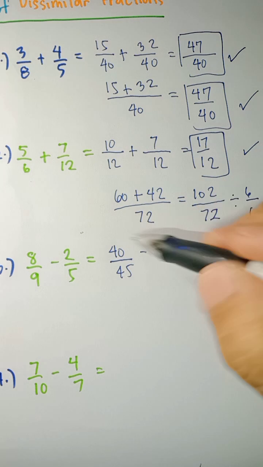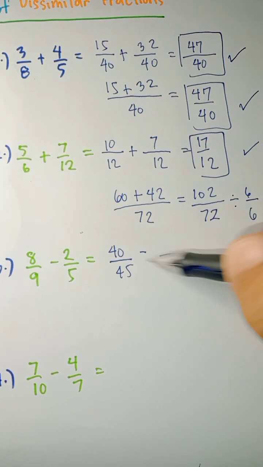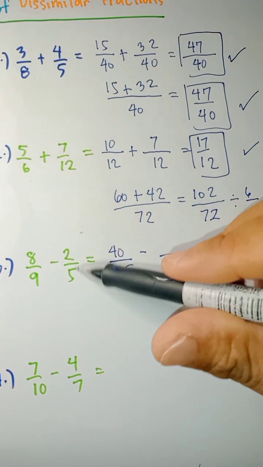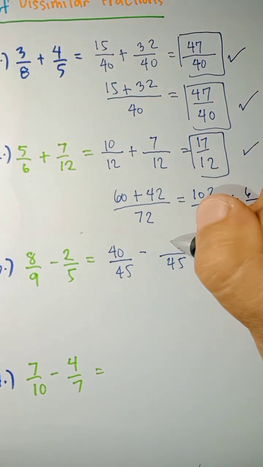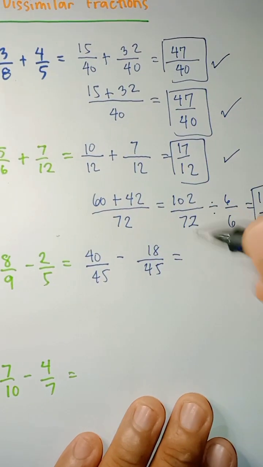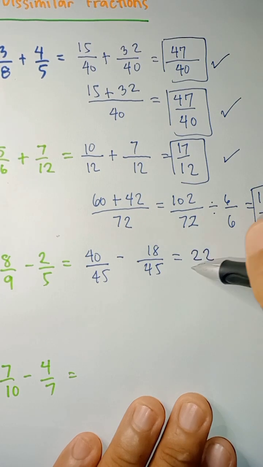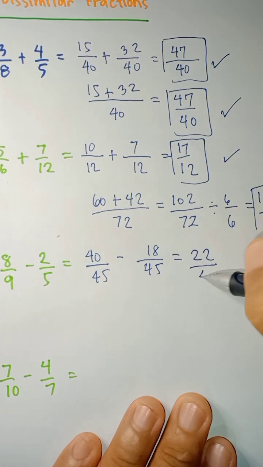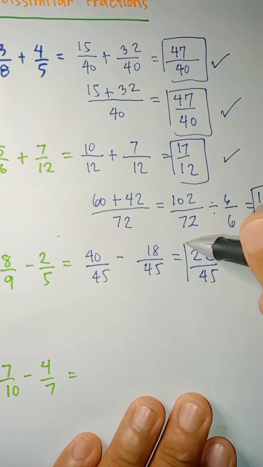Minus 45 divided by 5 is 9 times 2, it's 18. Now 40 minus 18 is 22. Then copy the denominator, which is 45. So this is now our answer.